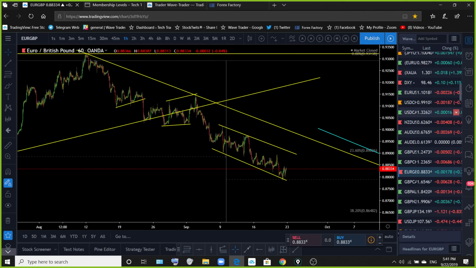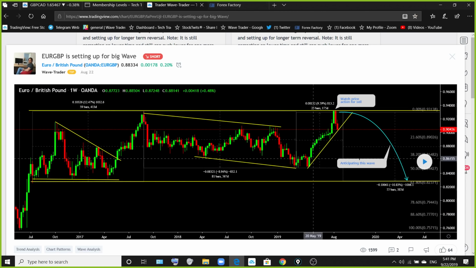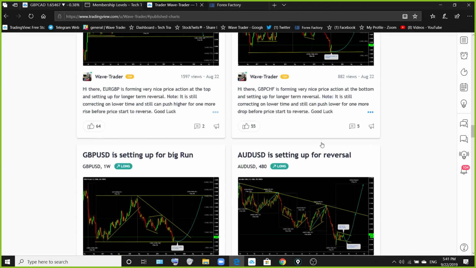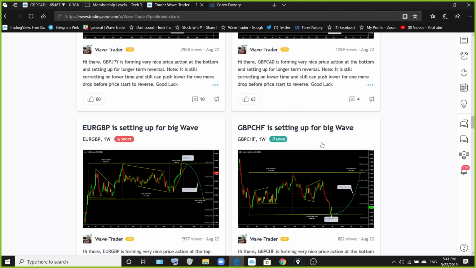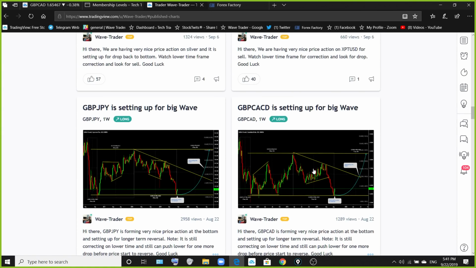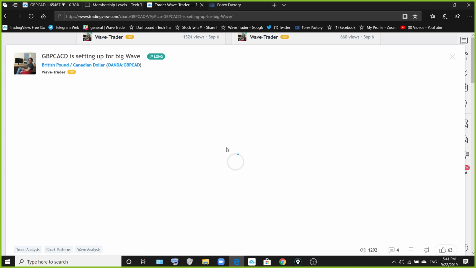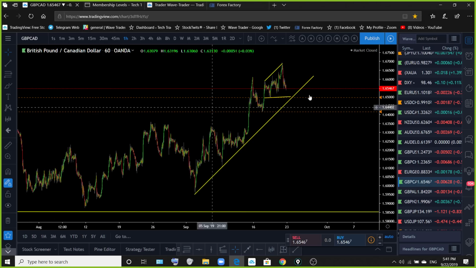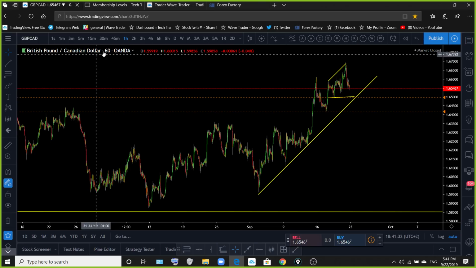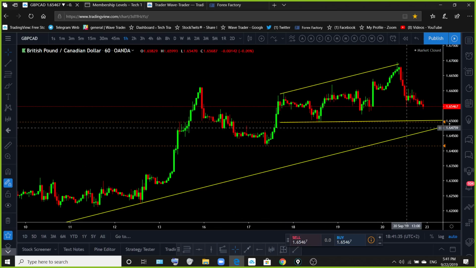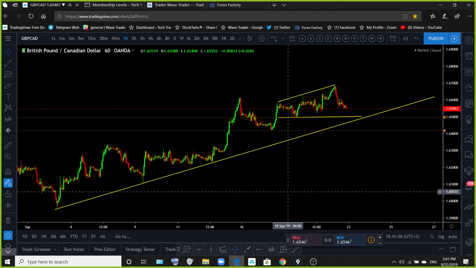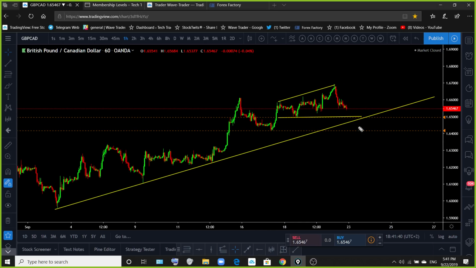All right, so the pound pairs, watch them. And pound CAD, similar to the other pound pairs. Okay, there you got the pound pair and there you got the update. So you're looking for a similar kind of expanding triangle here, for price to hold it and continue to go higher.